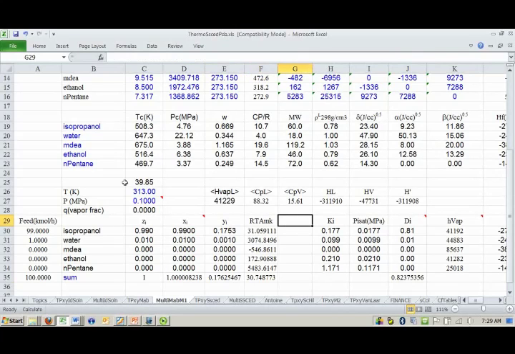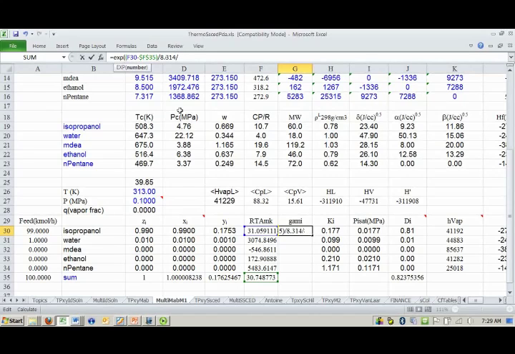Now we're ready to calculate our gammas. And it's equal to this minus that. I don't want that to change. Oh, wait a minute. It's equal to the exponential of that. Parentheses everywhere.